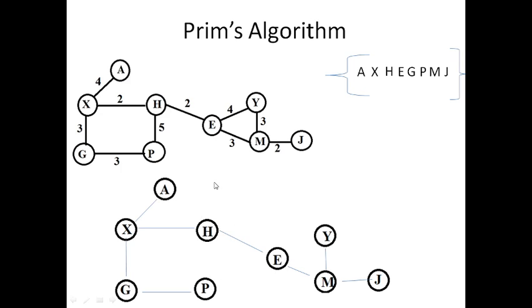So this is the result of Prim's algorithm. Hope you could understand the implementation of Prim's algorithm. The idea is very simple. You start with one vertex, include it into the resultant minimum spanning tree, and you keep choosing the next vertex which is adjacent to any one of the already included vertices of the list, and it has to have the lowest weight.